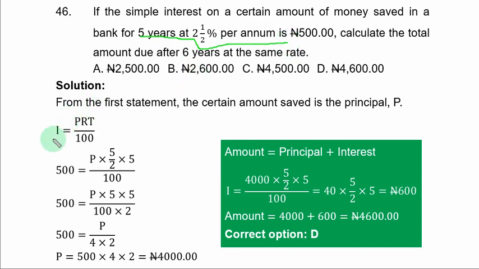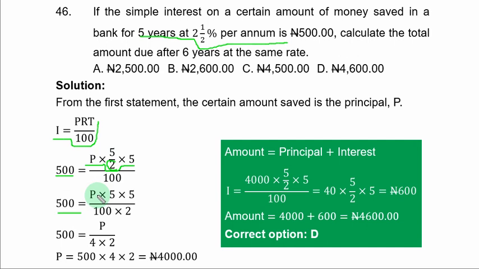Interest is principal times rate times time over 100. From the question, the first part, interest is 500, principal is unknown. If you convert the rate to an improper fraction, you have 5 over 2 times 5. If you simplify further, you have 500 equal to, these 2 will come down and multiply 100.